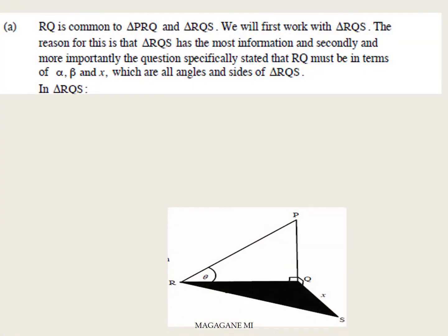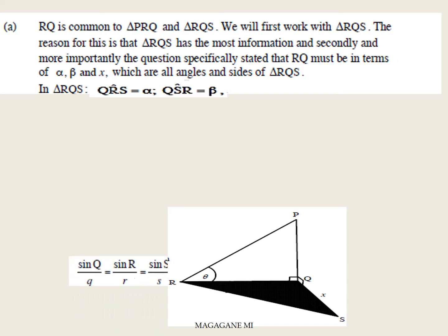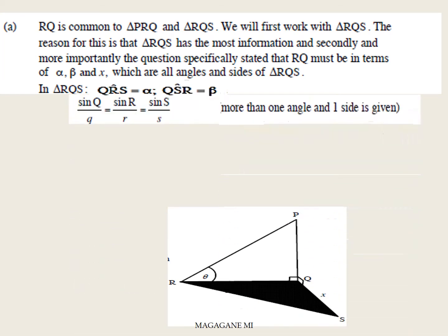Right. So in triangle RQS, angle QRS equals alpha and angle QSR equals beta. Using the sine rule, sine Q over q equals sine R over r equals sine S over s.